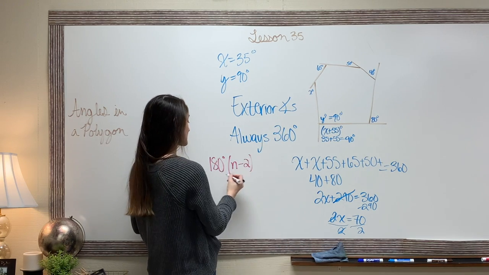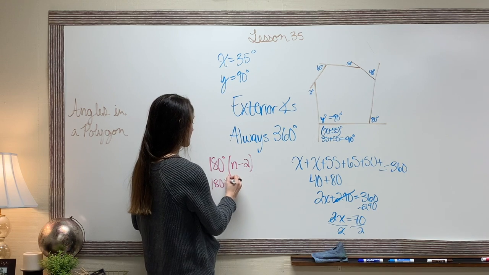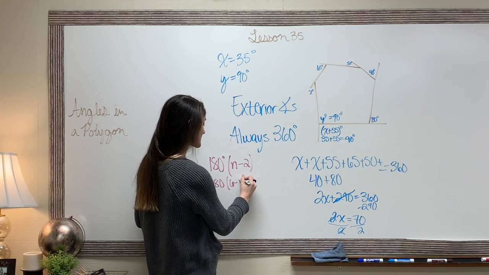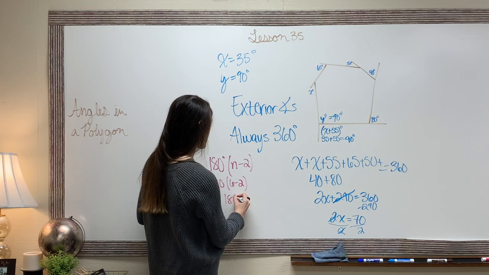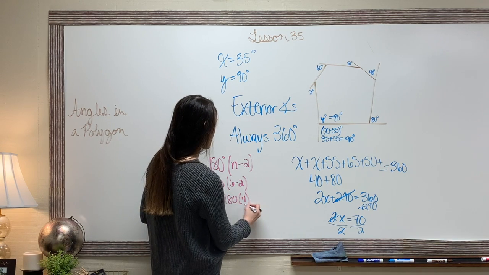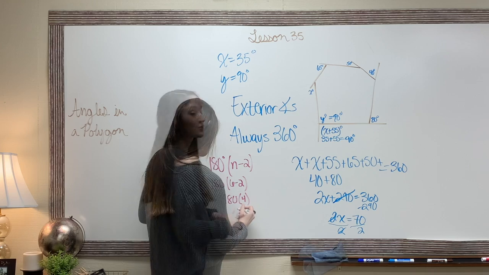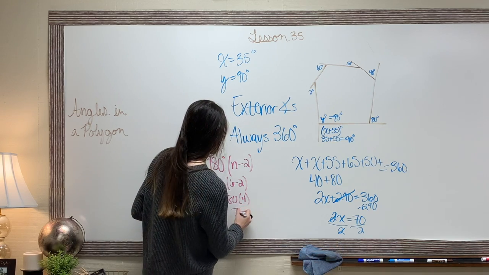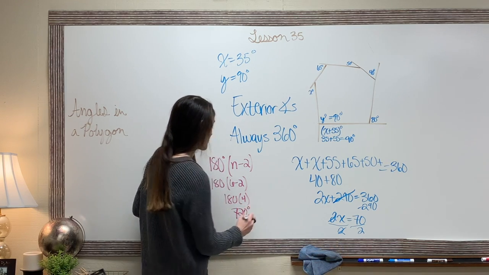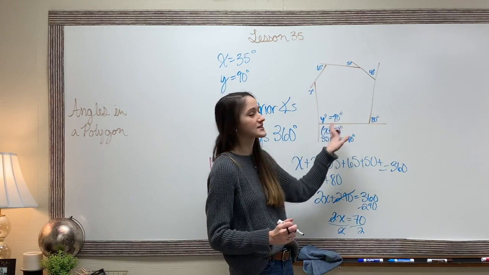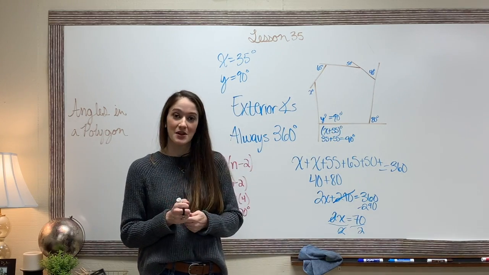So we have 6 sides, so I'm going to say 180 times 6 minus 2. So 180 times 4, which would be 720 degrees. So that would be the total of all 6 angles. And that is how we solve that.